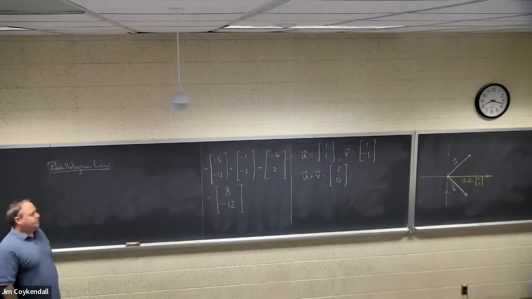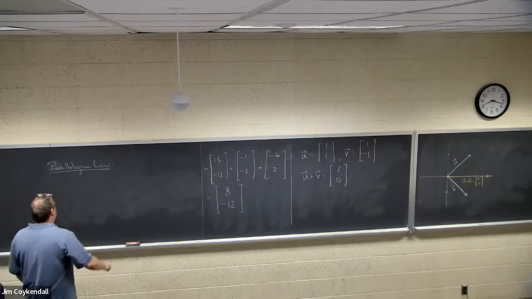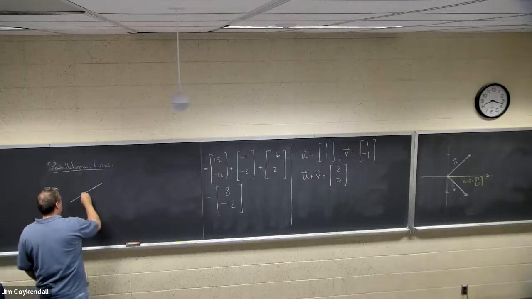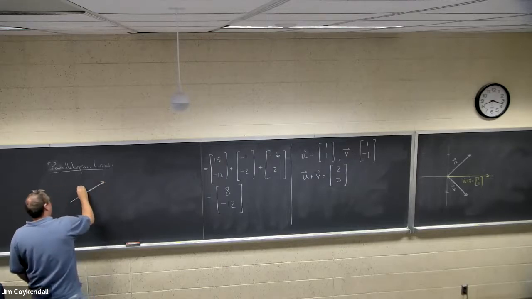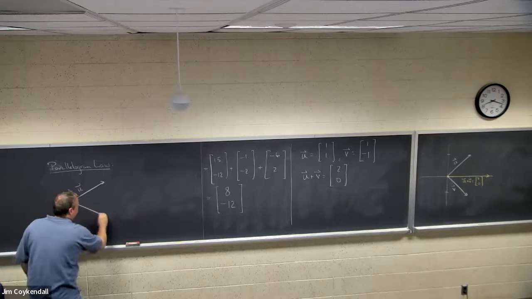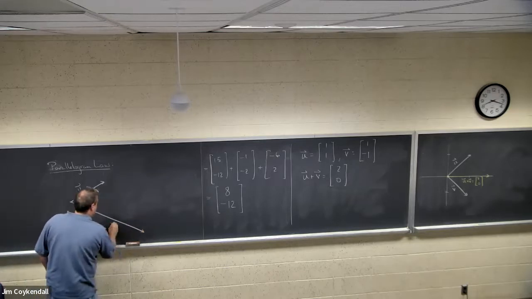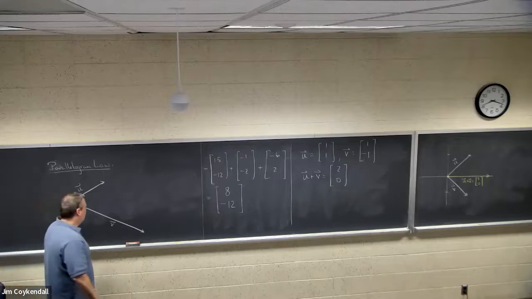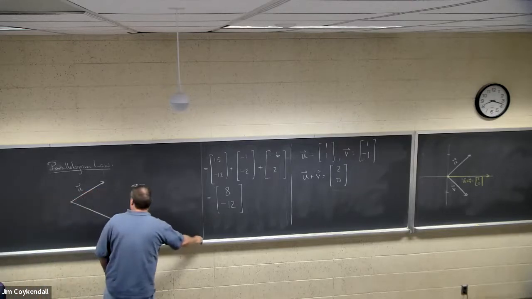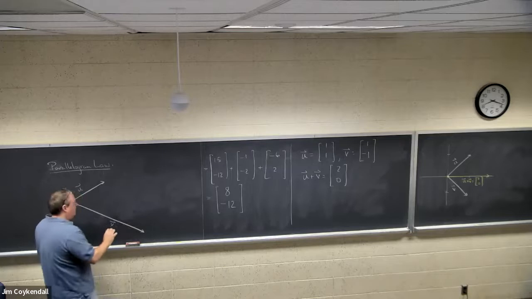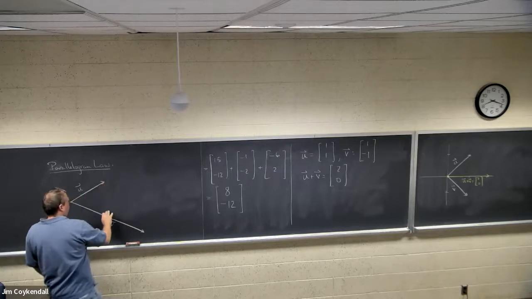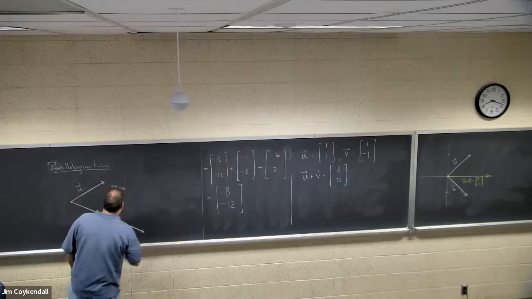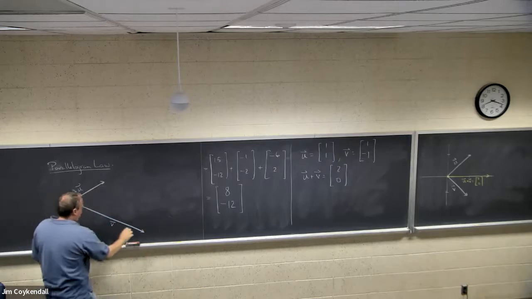And I'm going to do this basically. If you have a vector U, and if you have another vector V, then U plus V can be obtained in the following way. Complete the parallelogram. So let me draw something that's parallel to V here. And something that's parallel to U here.